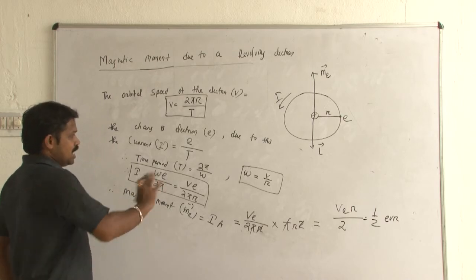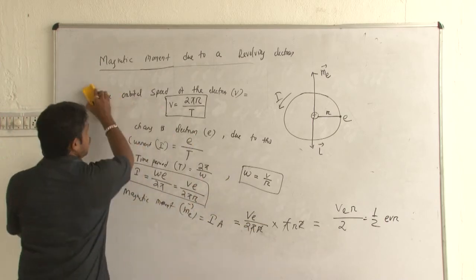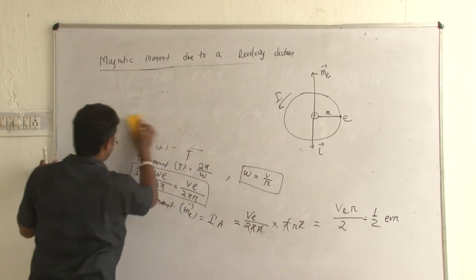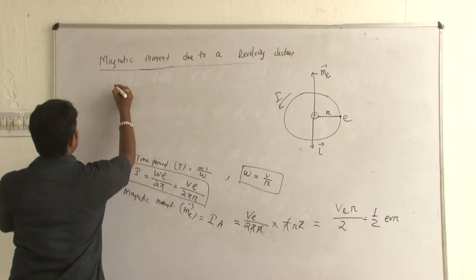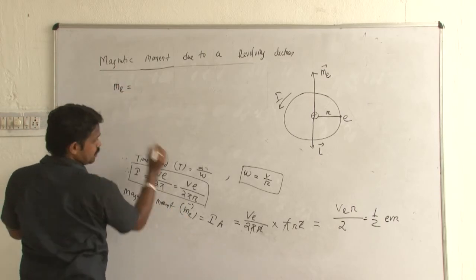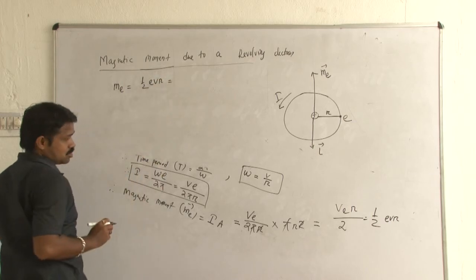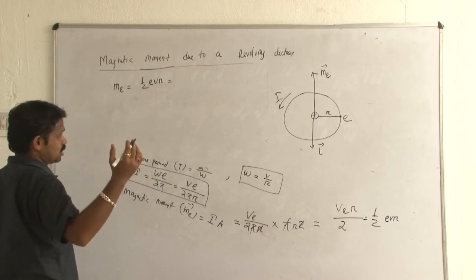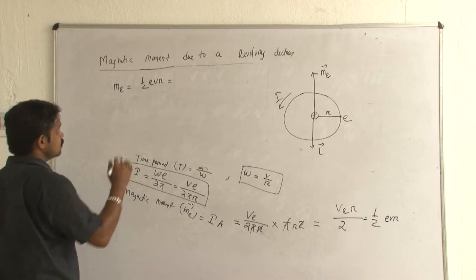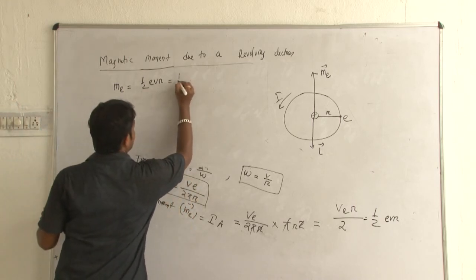So let us rewrite the expression. Look at it very carefully. The magnetic moment I have got is M_e equal to half e v r. Let us divide by the mass of electron and multiply by the mass of electron.